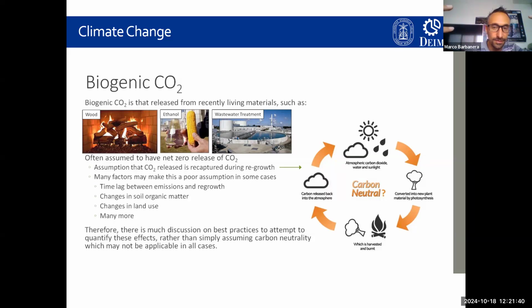But we have a problem if we consider the time lag between emissions and regrowth of the plant.